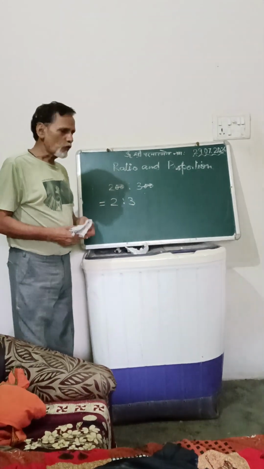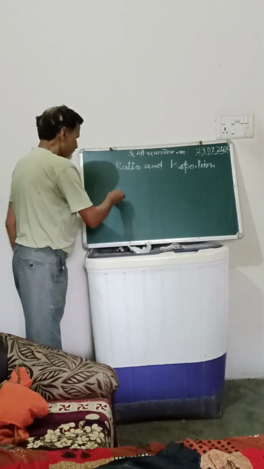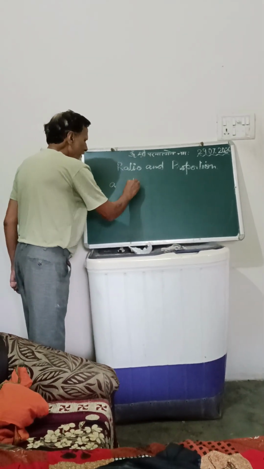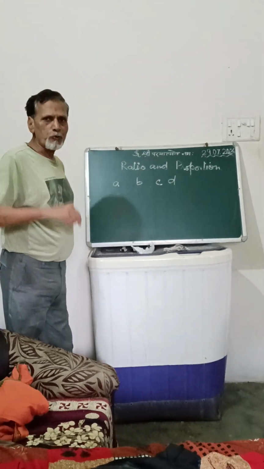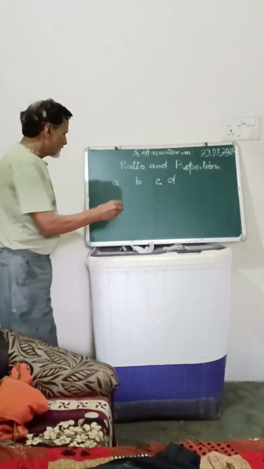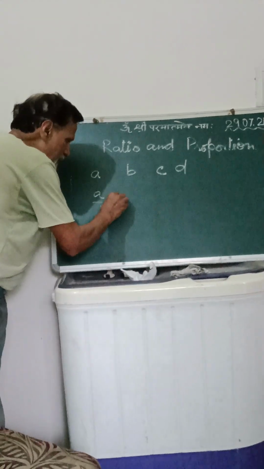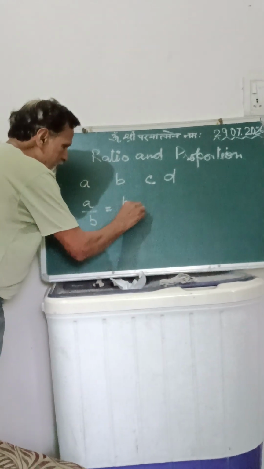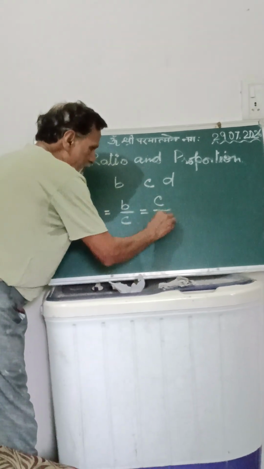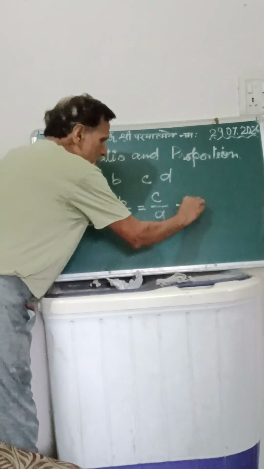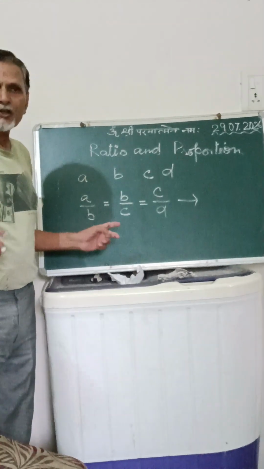See, out of 4 quantities A, B, C, D, what do we mean by continued proportion? Mind it, the ratio A by B must be equal to B by C and also C by D. Then all these 4 numbers are said to be in continued proportion.